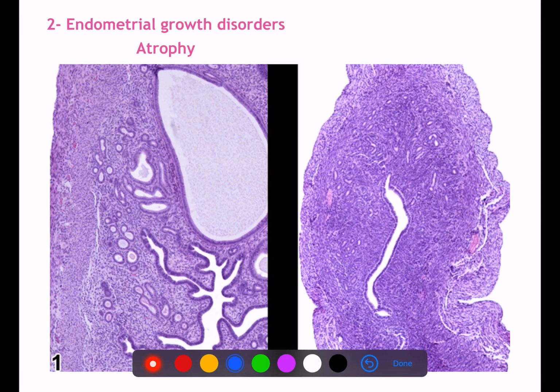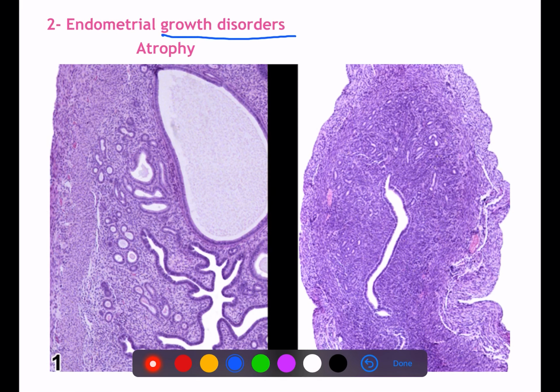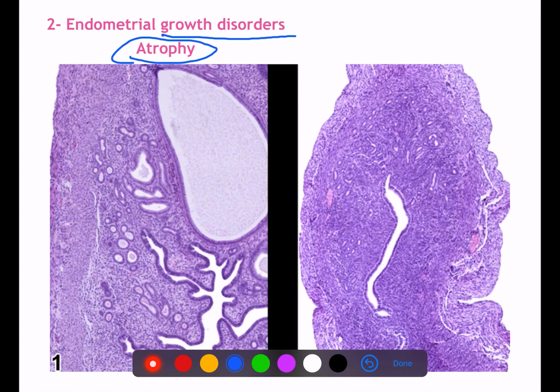Let's move now to the more specific conditions. The more specific conditions include disturbance in the growth of endometrium. In the endometrium, we have two types of disturbance of growth. We have atrophy of endometrium, and we have hyperplasia of endometrium.